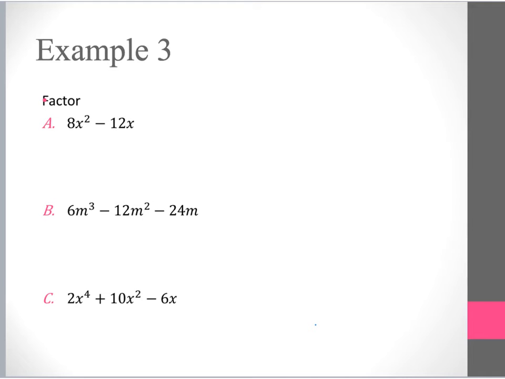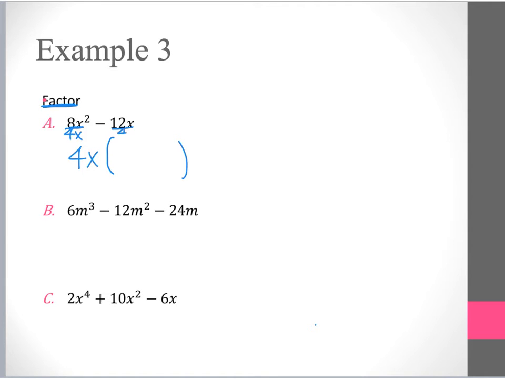Now, example 3 says to factor. Factor is really very similar to finding the greatest common factor. So I'm going to start out by finding my greatest common factor. The greatest common factor of 8x squared and 12x is going to be my 4x. Then when I factor, I'm going to put a set of parentheses, and then I'm going to divide each term by 4x.